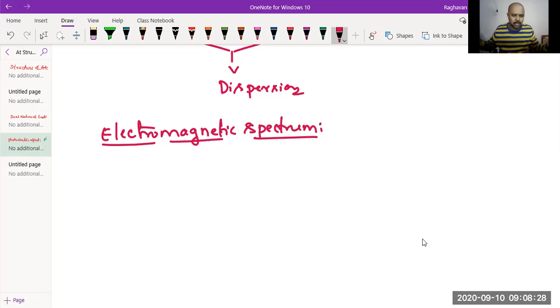The remaining vast portion of the radiations in nature, we can't observe by naked eye. If you arrange all radiations in nature in a particular order of their wavelength, then you get the electromagnetic spectrum.